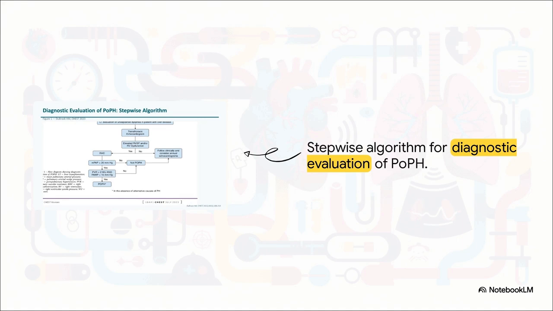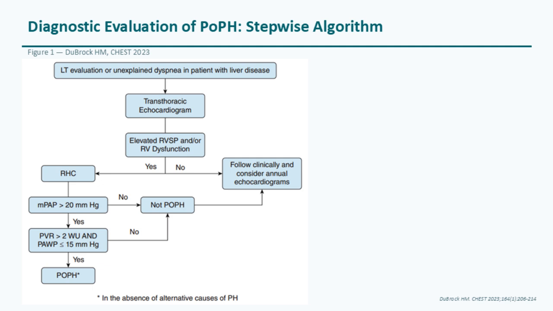For the multidisciplinary team, following a stepwise diagnostic algorithm is highly practical and keeps everyone on the same page. It starts with the baseline TTE we just talked about. If the RVSP is elevated or there is unexplained RV dysfunction, we proceed straight to right heart catheterization.